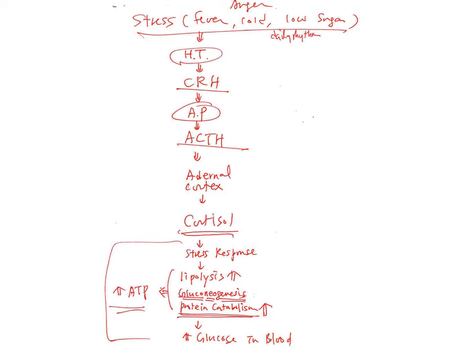All those irregular challenges can stimulate the neurons in the hypothalamus to release CRH, and CRH will challenge the anterior pituitary to secrete ACTH, and then ACTH will go to the adrenal cortex to secrete cortisol, and basically it gives the stress response for increasing fat breakdown into the blood, more glucose made by gluconeogenesis, and also muscle breakdown, so that you keep a high glucose level to immediately produce lots of ATP.